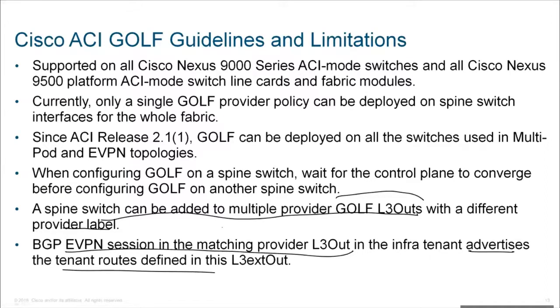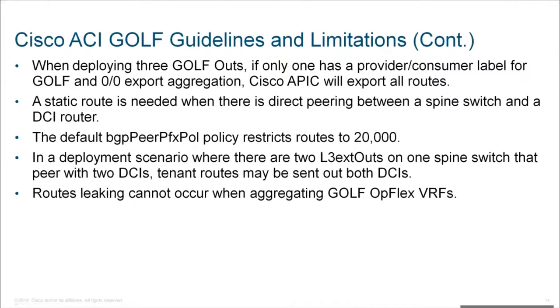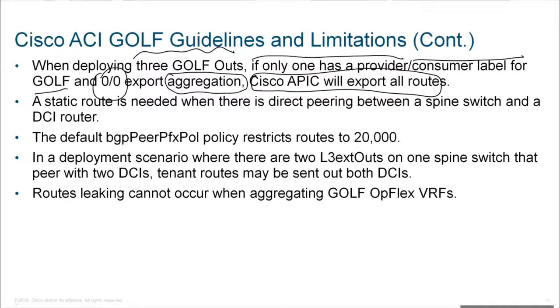Okay. So there it shows you if you're configuring 3 Golf connections, 1 provider and consumer label for Golf, and you actually use the quad 0 aggregation, that's for export, your APIC will export all routes through all Golf connections.